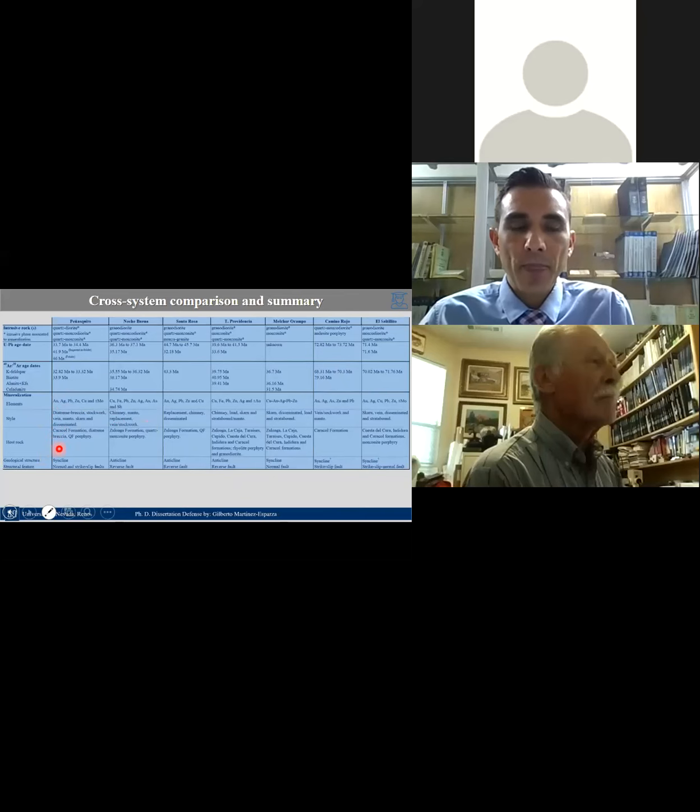So the host rock at Peñasquito, the bulk of the mineralization is hosted by the Caracol Formation, the same as Camino Rojo. Whereas the rest of the localities can be hosted by the complete sequence: Zuluaga, La Caja, Taraices, Cupido, Cuesta del Cura, Hendidura, and sometimes even Caracol formations.